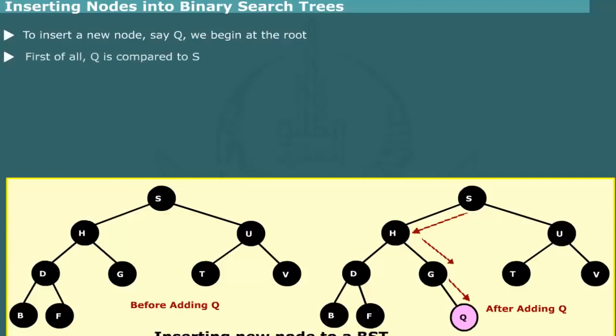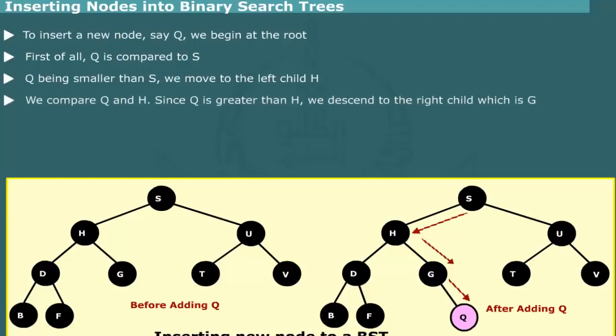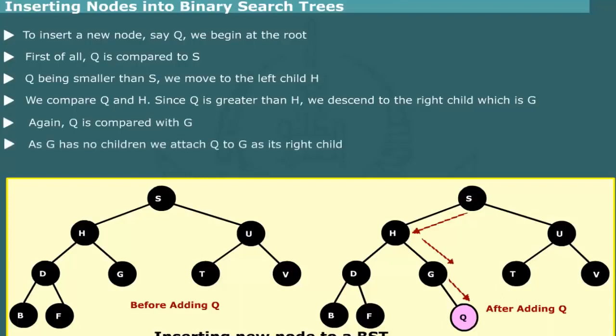First of all, Q is compared to S. Since it is less than S, we move to the left child which contains H. We compare Q and H. Since Q is greater than H, we descend to the right child which is G. Again, Q is compared with G. Since it is greater than G and G has no children, we attach Q to G as its right child. Notice that after insertion of Q, the binary search property is preserved.